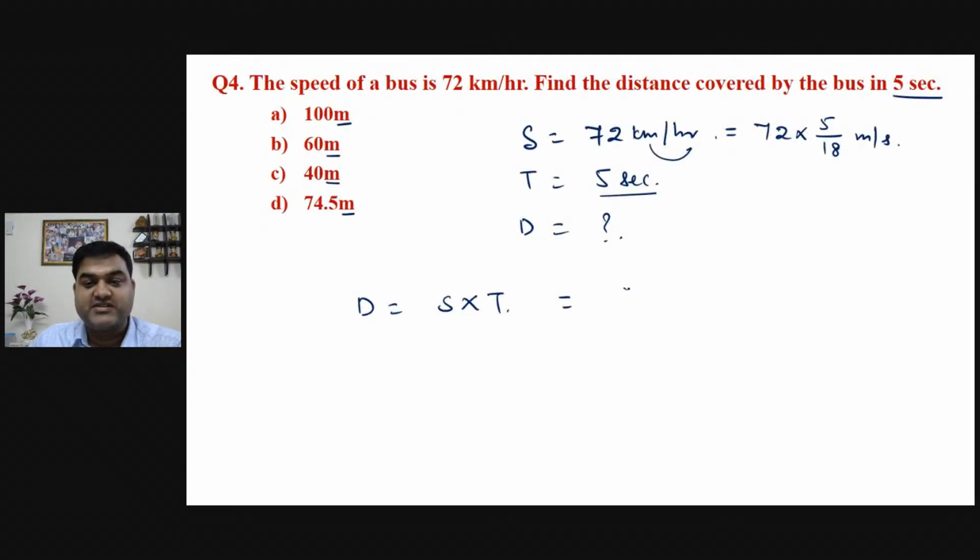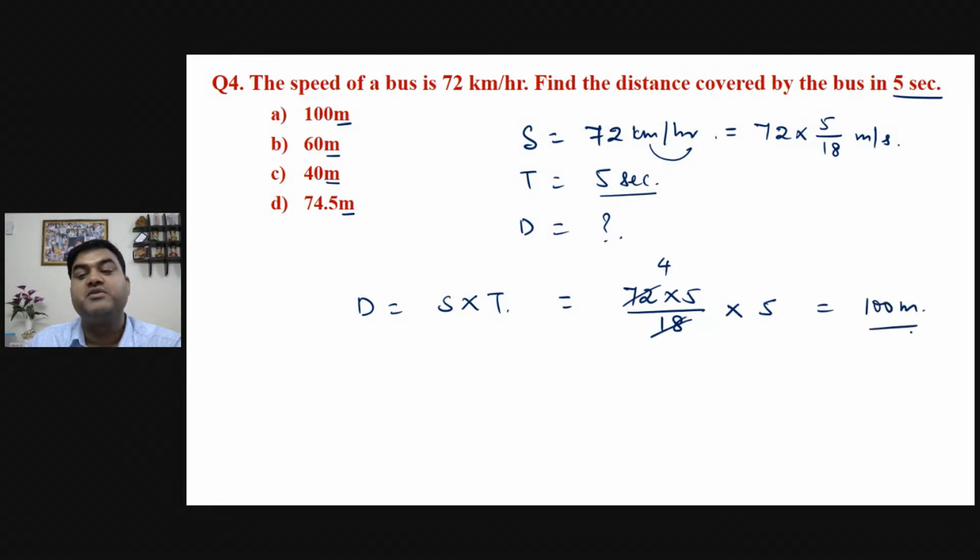Speed is given as 72 into 5 divided by 18, into, what is the time, 5 seconds. Okay, and do the sum. This goes 4 times, right? So this becomes 20 into 5, 100 meter will be the answer. Got it? So question number 4, what is the answer? 100 meter is the answer.